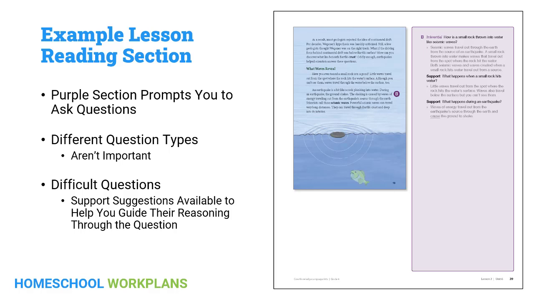The first support is to ask your student what happens when a small rock hits the water. And hopefully they will answer that little ripples on the surface of the water travel outward from the point of the impact. And then you can ask them, well, what happens during an earthquake? And this should help them reason out that the waves of energy travel outward through the Earth's surface from the earthquake source, and that the waves' travel causes the ground to shake.